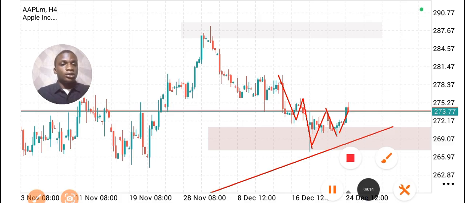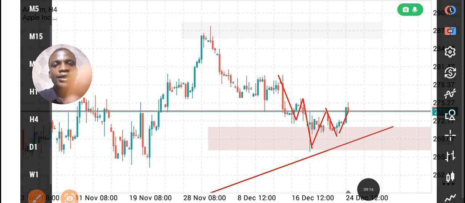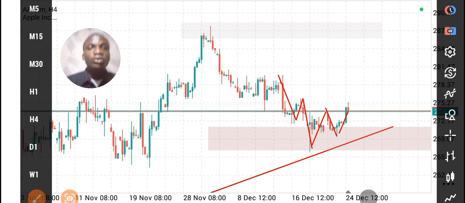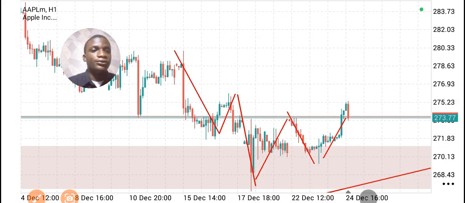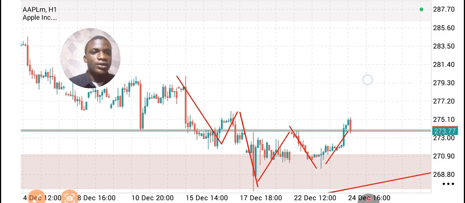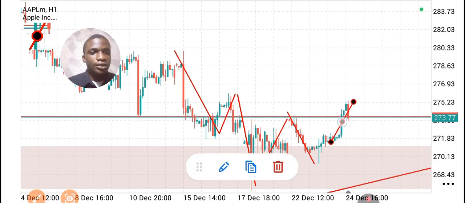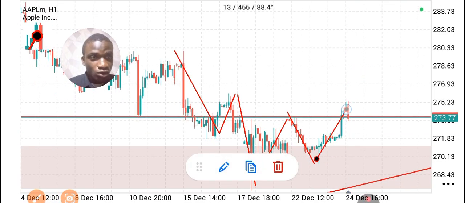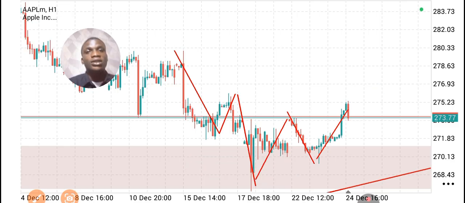So let's see the clearer picture on the 1 hour time frame. So as you can see, let's adjust. This is it. So this is our inverse head and shoulder.